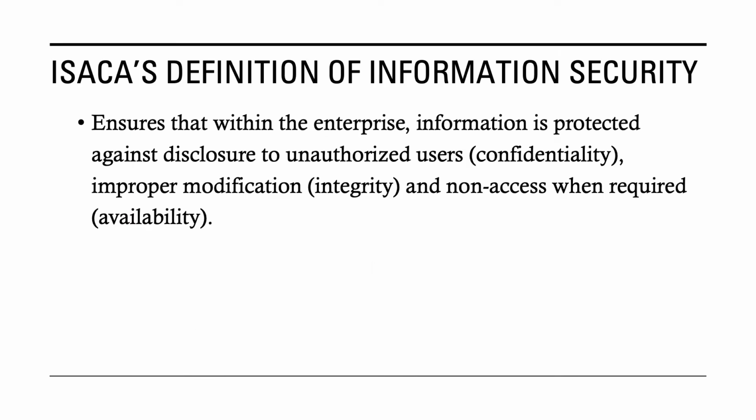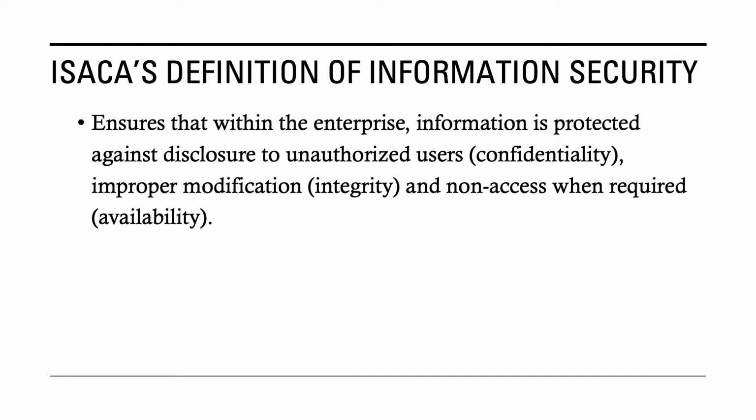The first element that we're going to need to take under consideration when we're looking at a particular framework or methodology that's being used to implement information security is how does that framework define information security?